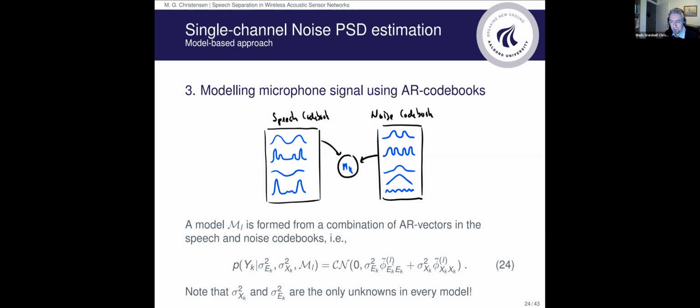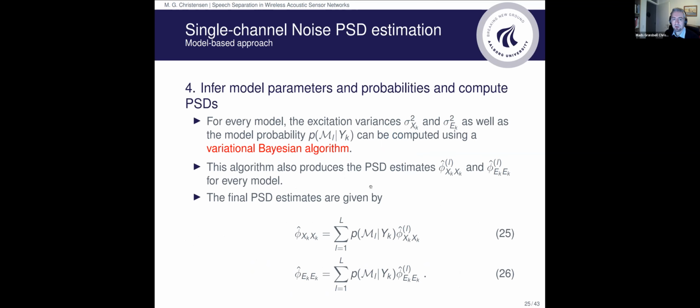And then the only unknowns in these models are actually the scalings of the different models that we have here. To infer the model parameters and compute the involved probabilities, then for every model, the excitation variances, sigma squared x_k and sigma squared e_k, as well as the model probabilities, can be computed using a variational Bayesian algorithm.